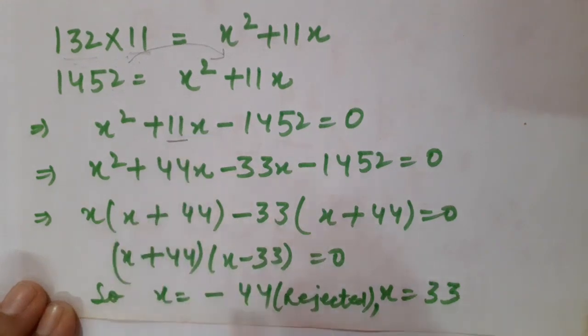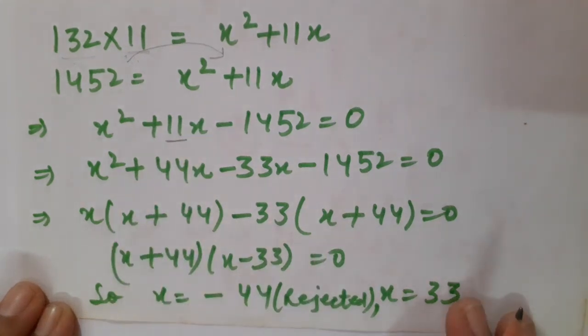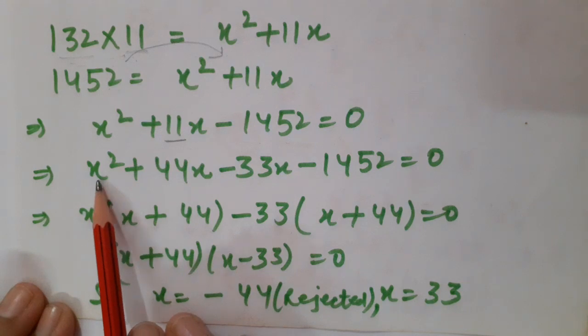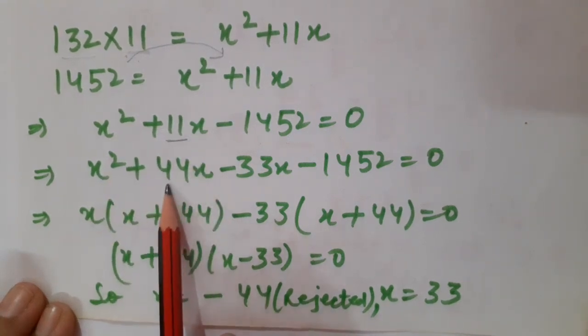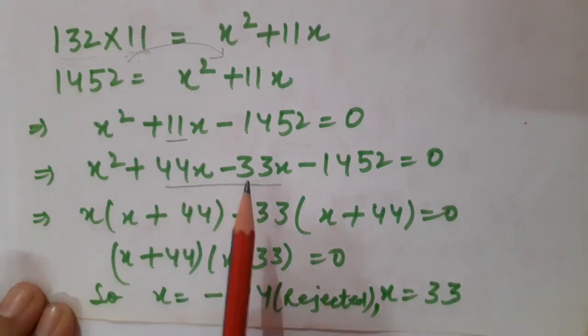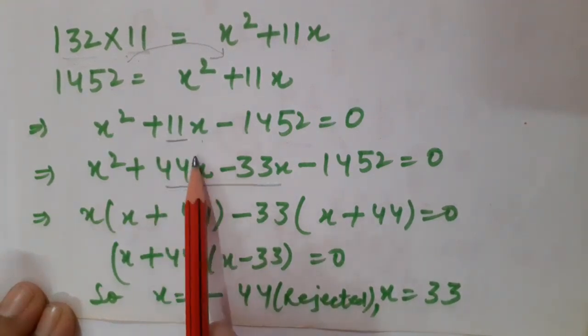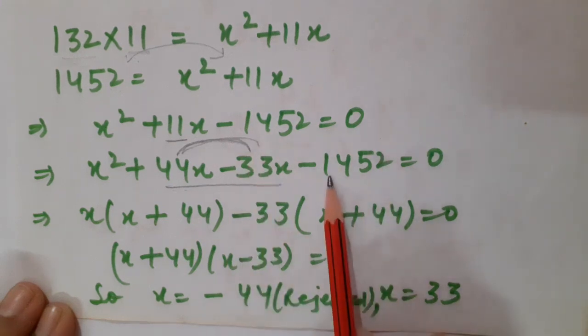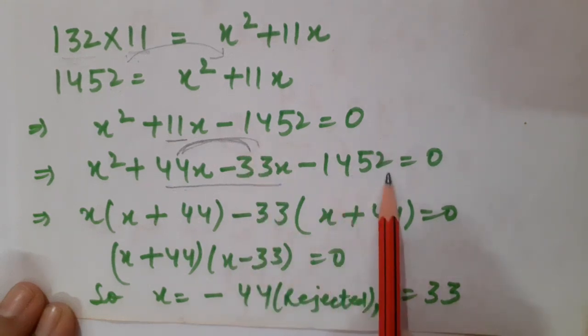Now children, I am going to split the middle term. The sum I want as 11 and the product I want as minus 1452. So let us split them. X square plus 44x minus 33x. Subtract them, you will be getting 11x. When you multiply 44 by 33, you will be getting 1452, correct?